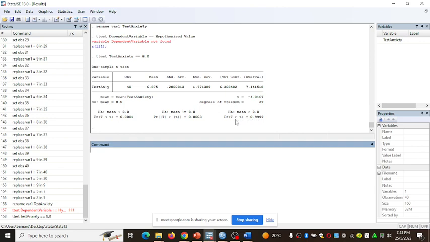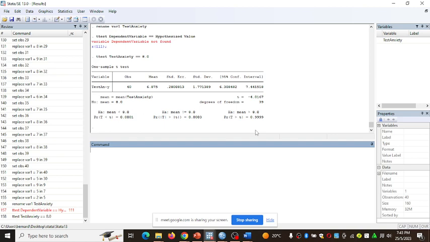Statistically, based on this p-value, we reject this null hypothesis. Are we together? We reject the hypothesis that the mean is greater than 8. The mean indeed is not greater than 8, based on this part, the HA.